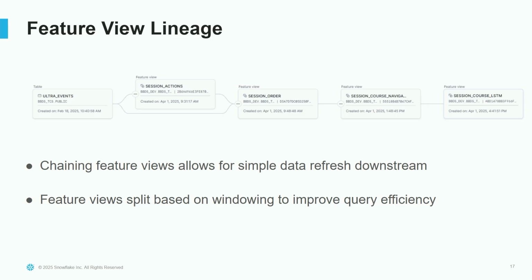If you split it out that way and don't include multiple window grains within one query, it can incrementally refresh. If you have multiple window grains in one query, you're going to end up refreshing the whole table every time, which nobody wants to pay for. So that allows you to incrementally refresh.